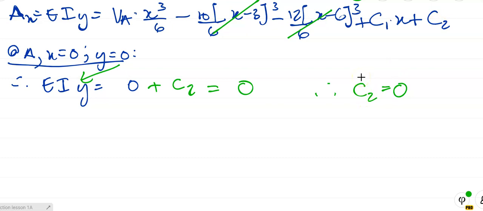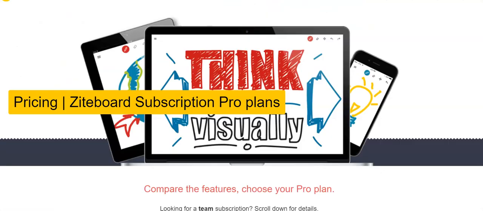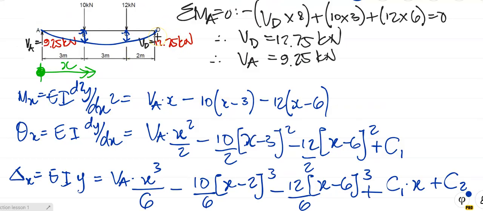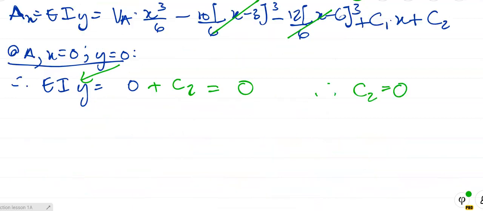Also, at D, sorry, my apologies, at D here, x is equal to 8.